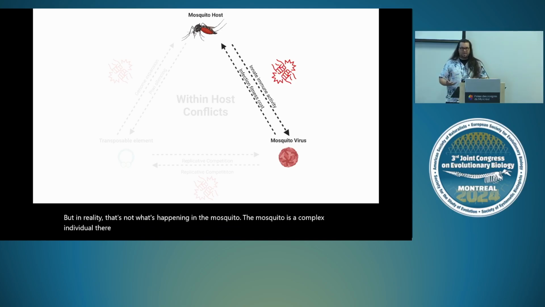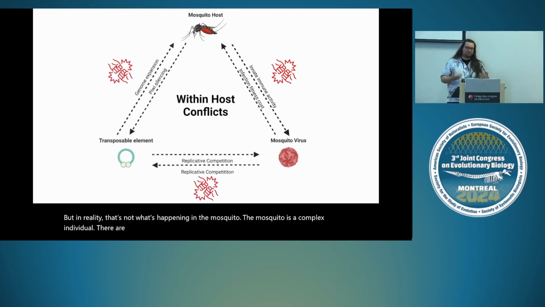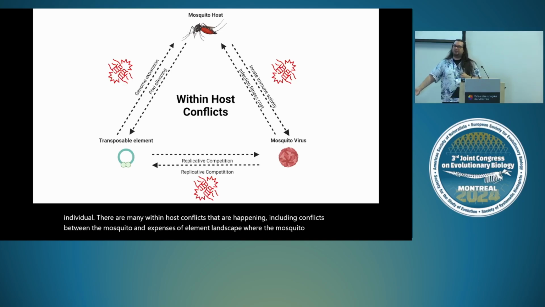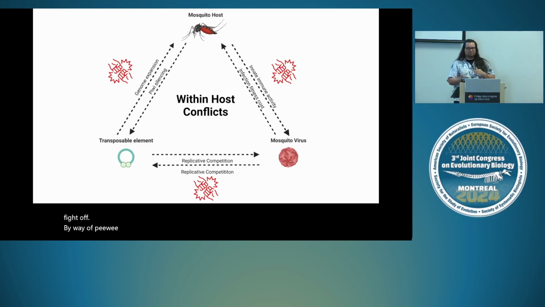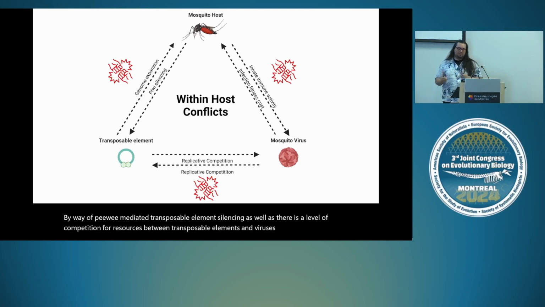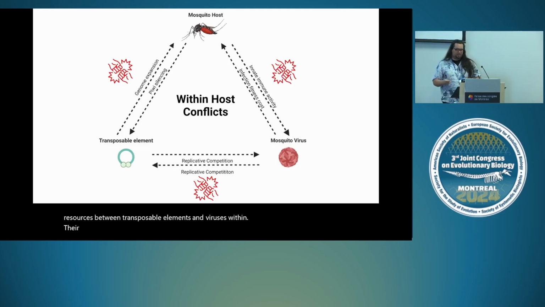There are many within-host conflicts happening, including conflicts between the mosquito and its transposable element landscape, where the mosquito is trying to fight off genome size expansion by way of piRNA-mediated transposable element silencing, as well as a level of competition for resources between transposable elements and viruses within their replication cycle in the cytoplasm.